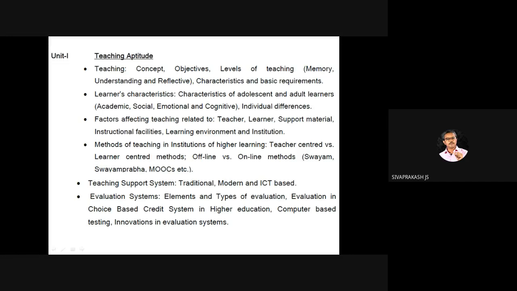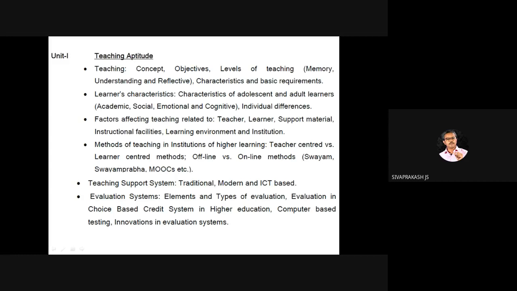The fourth chapter deals with different methods of teaching, particularly in higher education institutions. There is a broad category, particularly during this COVID-19 pandemic period: online versus offline teaching methods. Online teaching methods have become so popular, particularly after this pandemic.